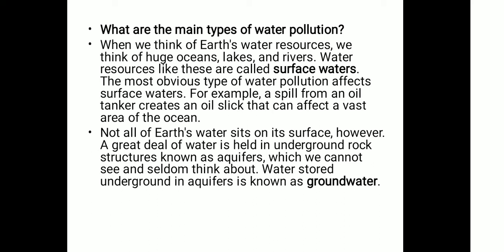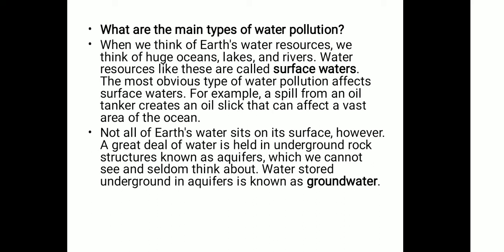Not all of the earth's water sits on its surface. However, a great deal of water is held in underground rock structures known as aquifers, which we cannot see and seldom think about. We cannot see underground water, but we can think about it.